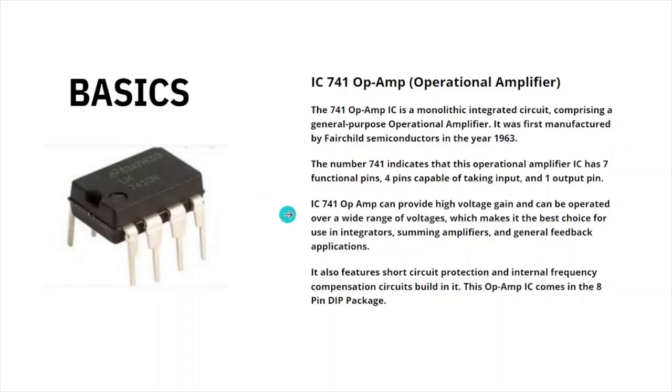This IC 741 op-amp can provide high voltage gain and can be operated over a wide range of voltages, which makes it the best choice for use in integrator, summing amplifier and general feedback applications. It also features short circuit protection and has an internal frequency compensator circuit built in. The operational amplifier IC comes in an 8-pin DIP package.